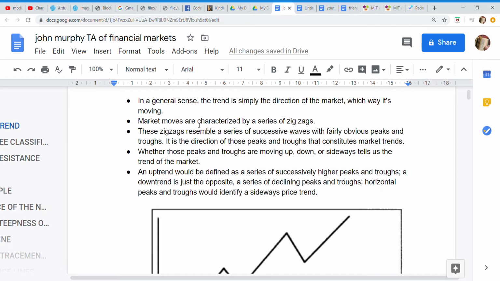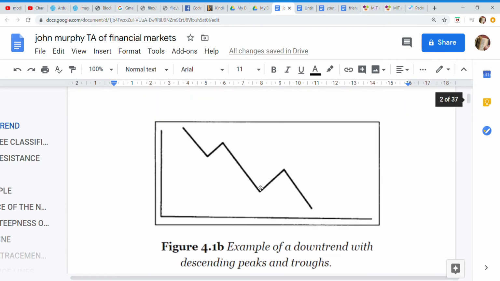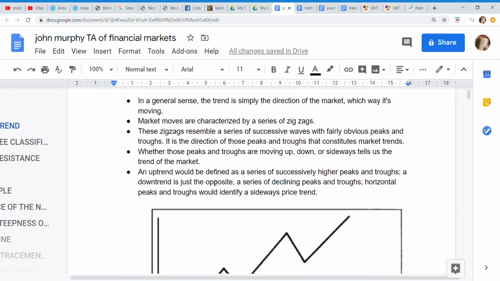Then, market moves are characterized by a series of zigzags. So this is a zigzag line. Then these zigzags resemble a series of successive waves with fairly obvious peaks and troughs.